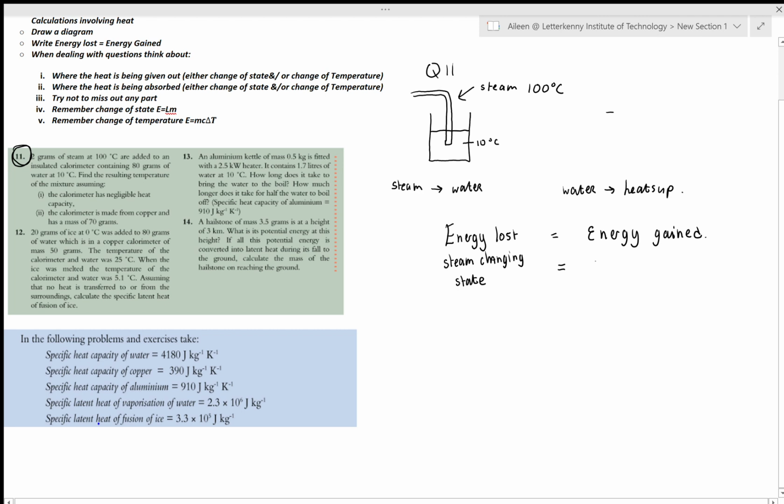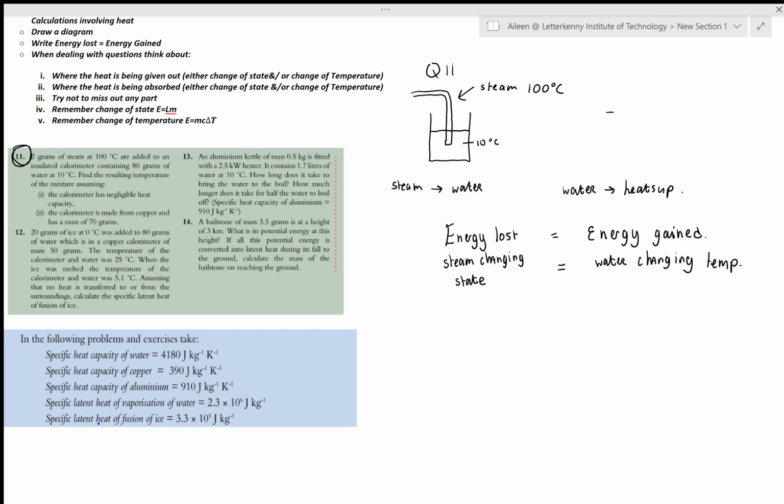So energy is being gained by the water changing temperature. Okay, so from here I find where my energy is being lost and where it's being gained, and whether energy is being absorbed or given out by a change of state and change of temperature.